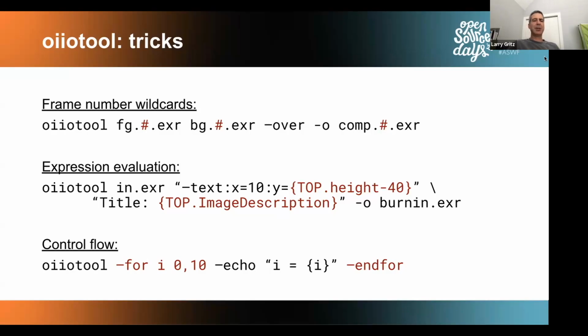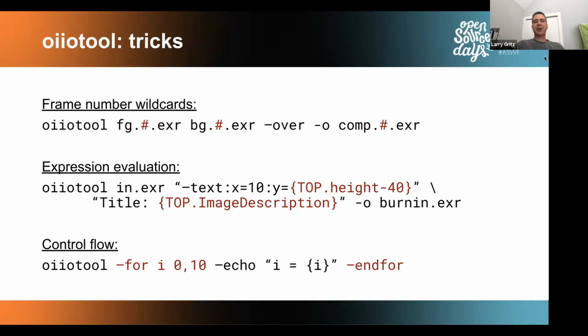The other thing to know is that anything enclosed in curly braces will have expression evaluation done on it before the commands are run. So there are ways to do some simple arithmetic, to extract metadata from the files, and so on. In this middle example, it wants to put text onto the image.